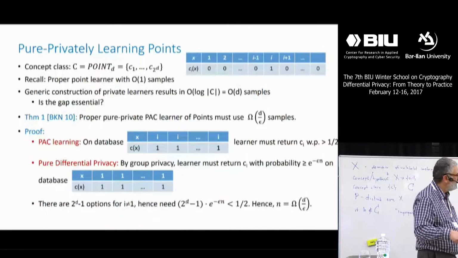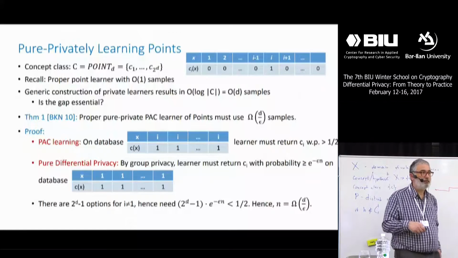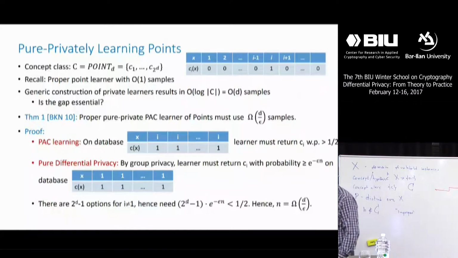So this is a lower bound of the probability of producing a wrong output for this database. We need that to be less than 1/2. And when you do the math, you get that n has to be at least d over epsilon. Just a very simple application of a packing argument.